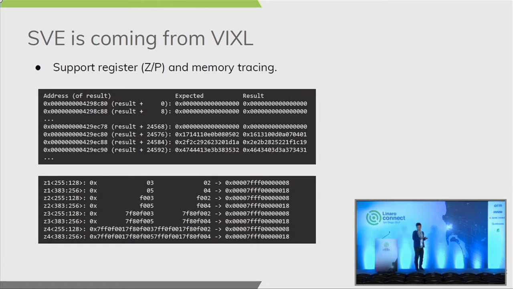We also support register tracing and memory tracing for SVE. We only print out the relevant part to the user because the SVE vector length can be very large, so we print it in a pretty, readable form.